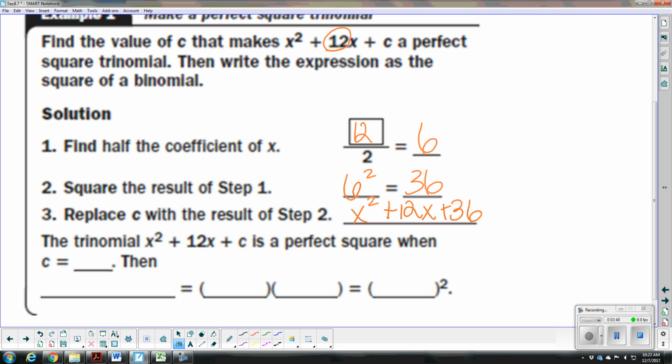So the trinomial x squared plus 12x plus c is a perfect square when c equals 36. So then x squared plus 12x plus 36 is x plus 6 times x plus 6, which is x plus 6 squared.